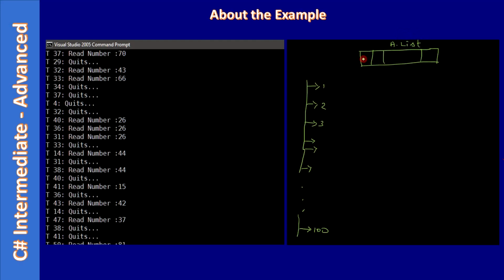We will see when we go to the demo. Here we will populate a random number in each slot. The random number ranges from 0 to 100, and we will employ a semaphore and allow only 4 threads to access this resource.